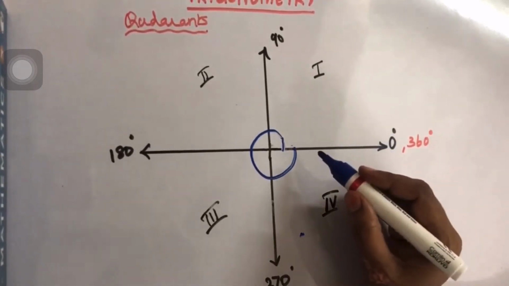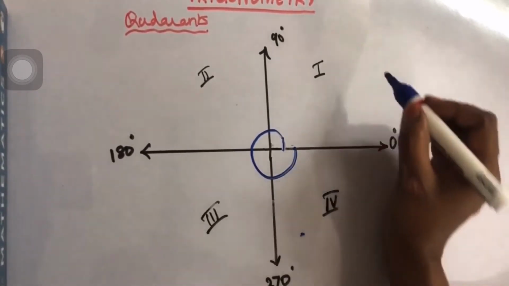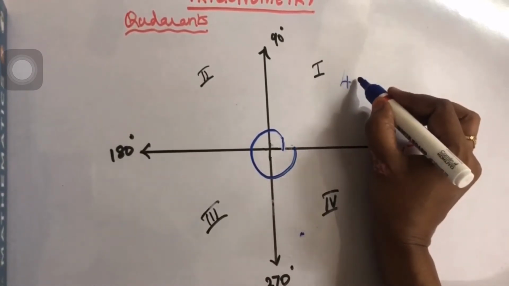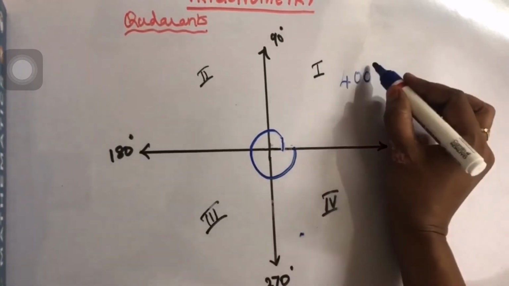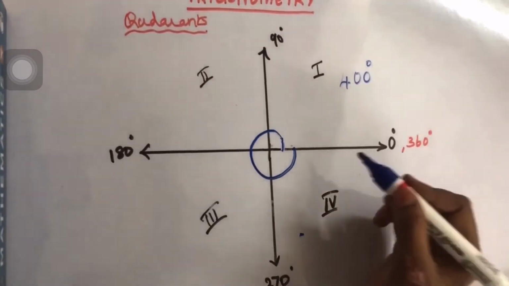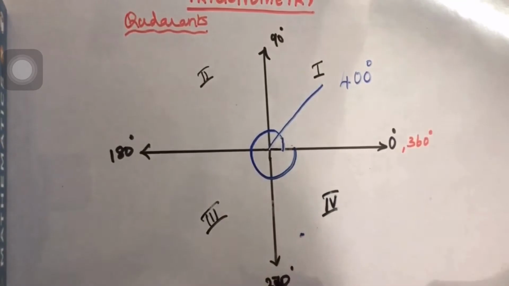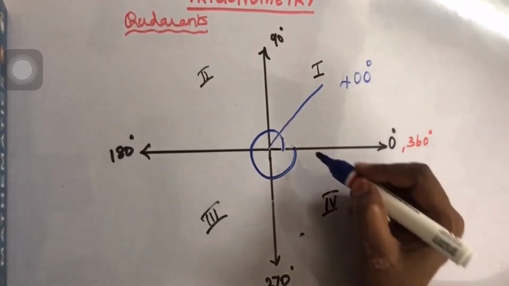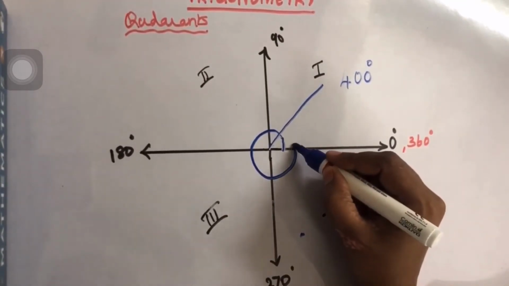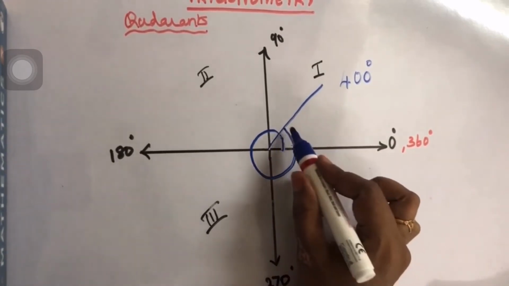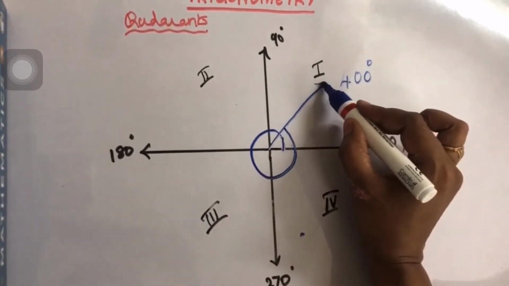So, angles after 360 degrees, for example, angle 400 degrees. Okay, so it approximately comes here. So, after 360 degrees, I have to measure 40 more degrees in the anti-clockwise direction to draw this angle.